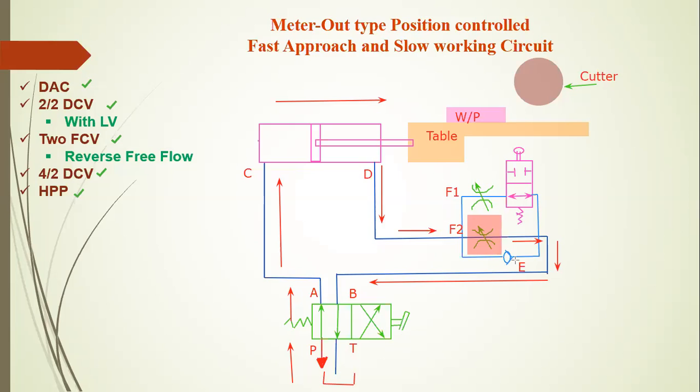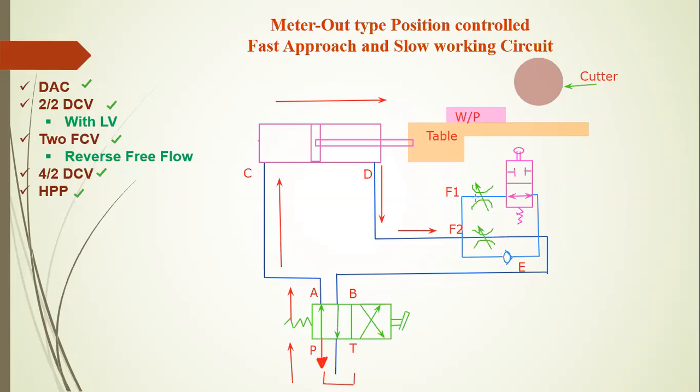Here the flow is controlled by F2 and this arrangement moves in a slow position, which means the workpiece moves in slow motion and the cutter cuts the metal from the workpiece. At this time the active position of the 2 by 2 DCV is the closed condition. That is called the closed condition.